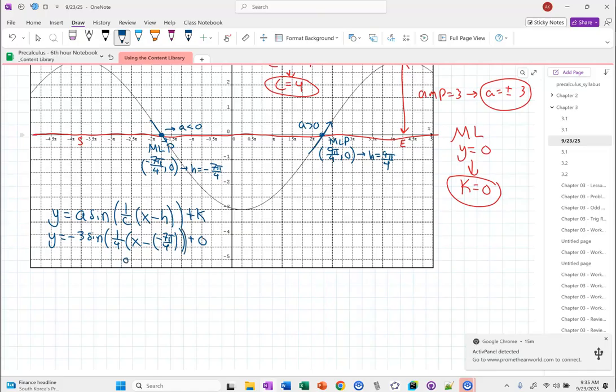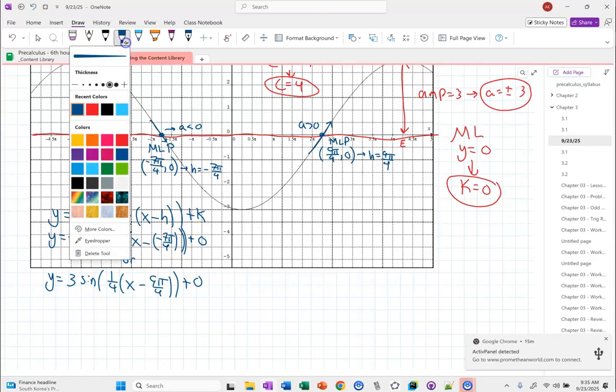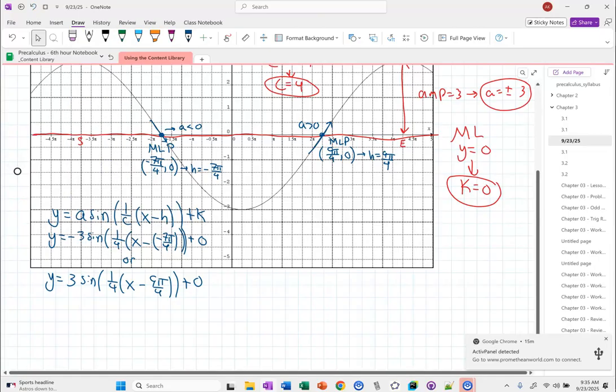Or you could have written y equals positive 3 sine of 1/4 times (x minus 9 pi over 4) plus 0. So either one of those two answers would be appropriate.